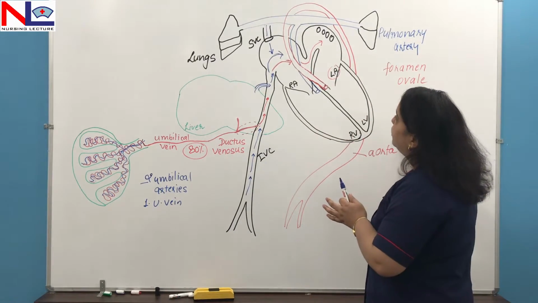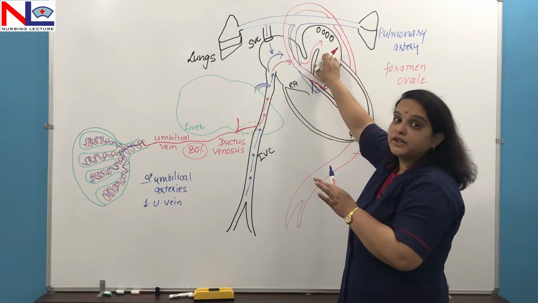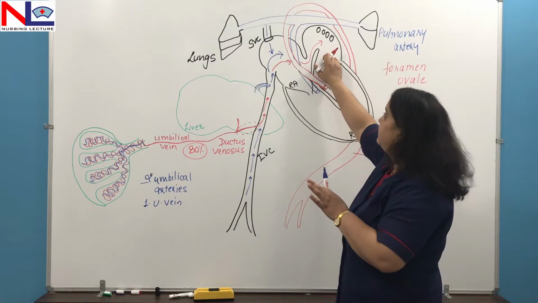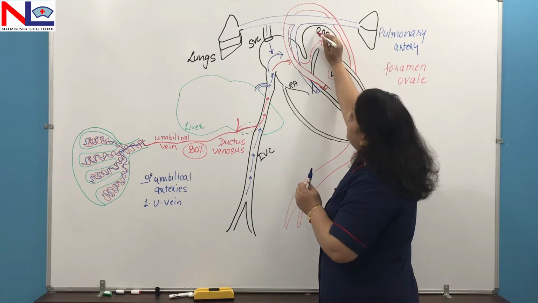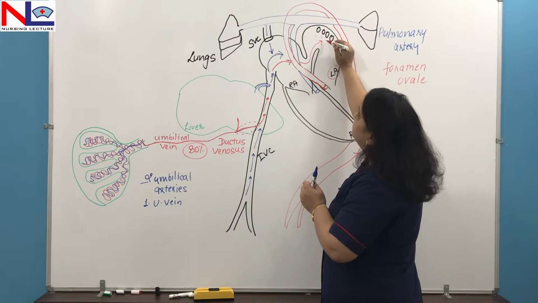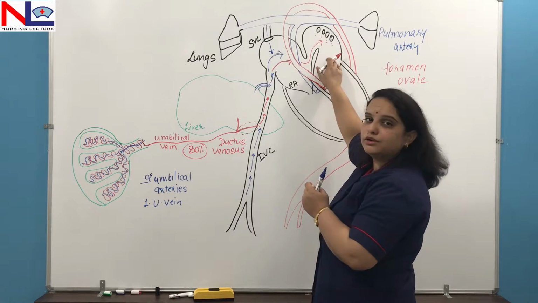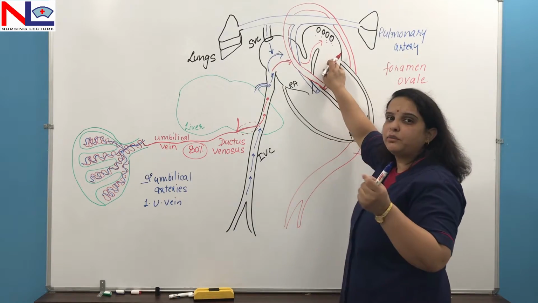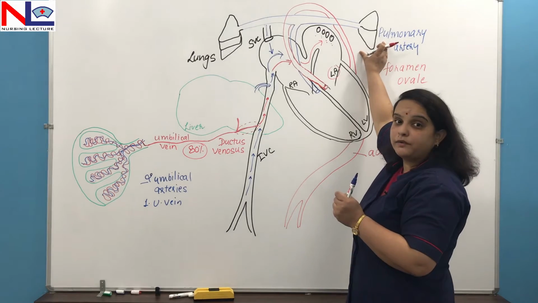Okay, so this foramen ovale allows the blood to move from this side to this side, and the majority of it is oxygenated blood, right? And in the left atrium there is also a small amount of blood which comes from the pulmonary veins. So the pulmonary vein is also draining, but it is contributing very little, because during fetal life the lungs are not functional.